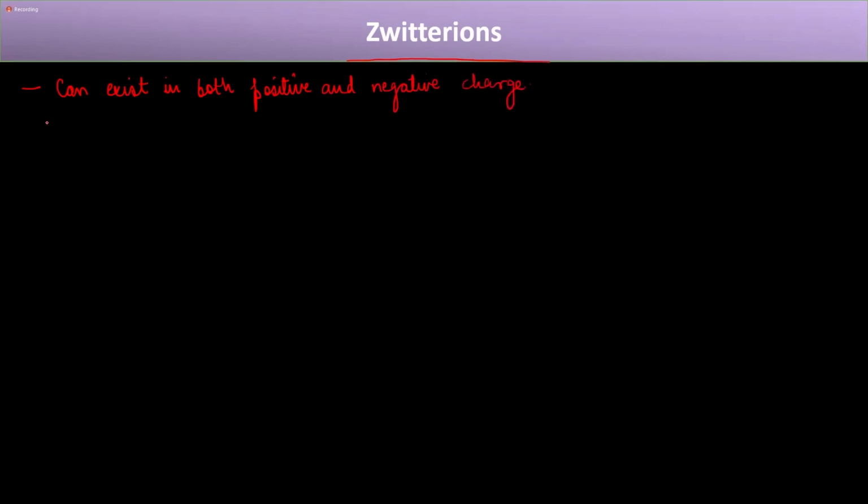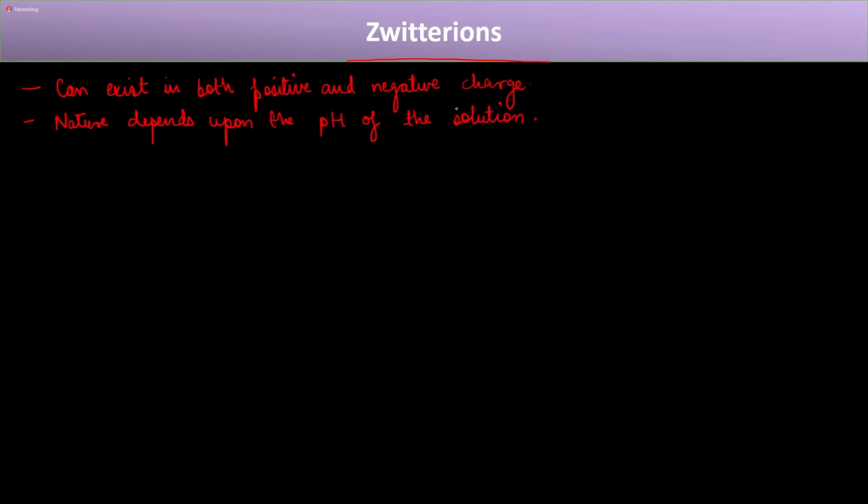Now, when a compound will exist in the positive form or in a negative form, that depends on the pH. So whether it is positively charged or negatively charged depends upon the pH of the solution in which it is kept.